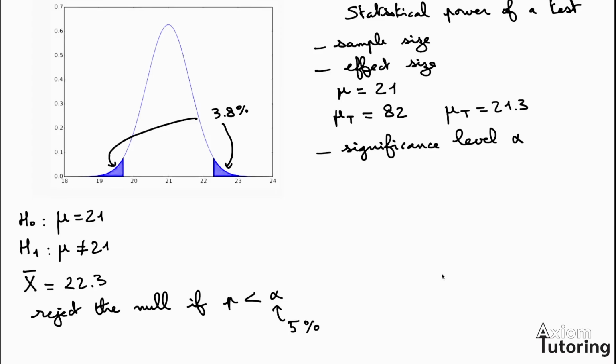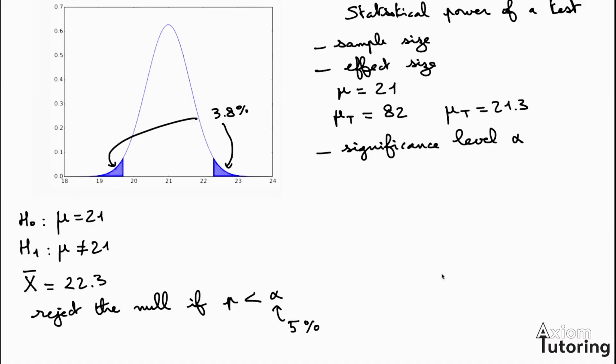So here you need to find some kind of balance between reducing the probability of making a type 1 error and the probability of making a type 2 error. In practice, most of the time people pick 5% or 1% for the significance level.